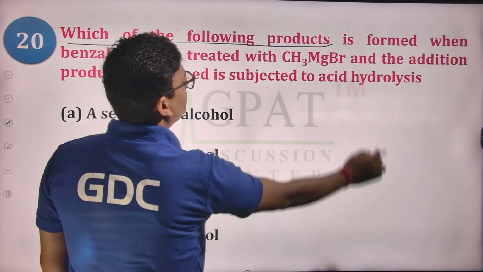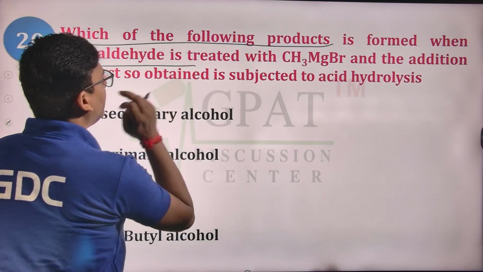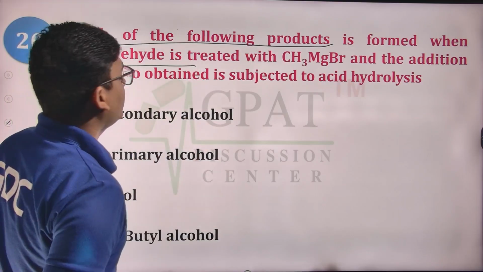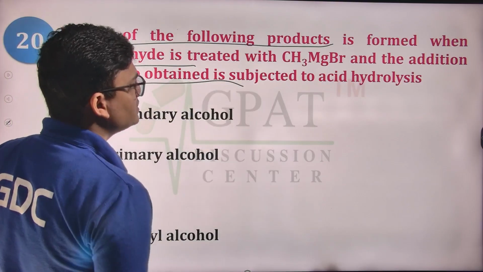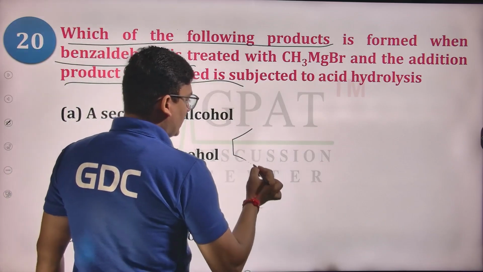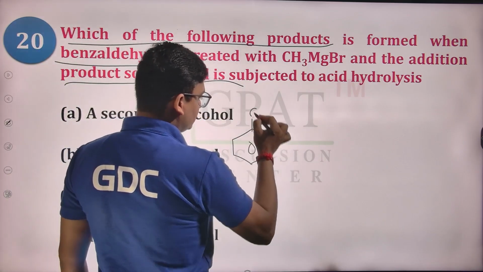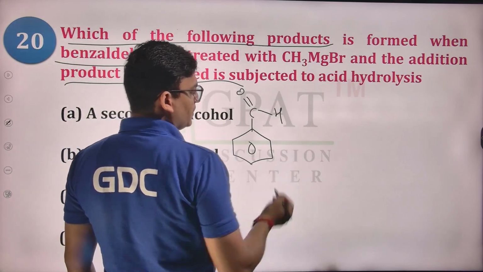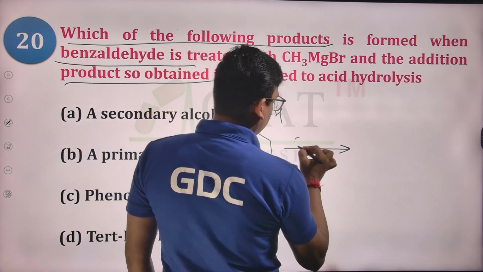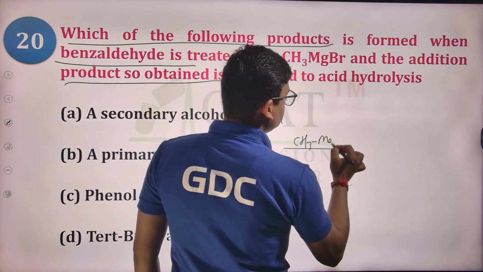Which of the following products is formed when benzaldehyde is treated with CH3-MgBr and the addition product so obtained is subjected to hydrolysis? So we are having a benzaldehyde molecule, C double bond O, H. We react it with CH3-MgBr.